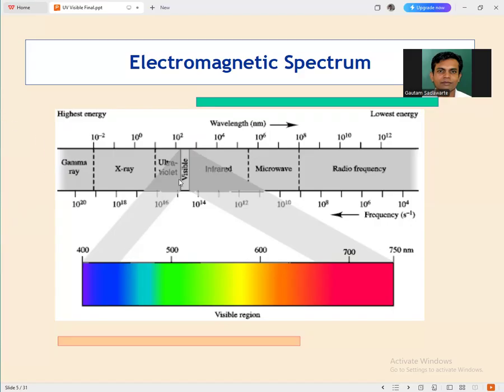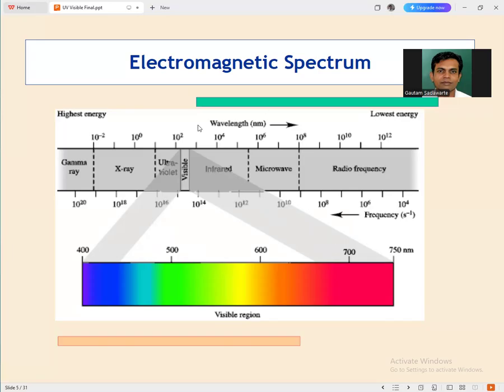Next one is ultraviolet, 200 to 400 nanometers, and visible is 400 to 800 nanometers.